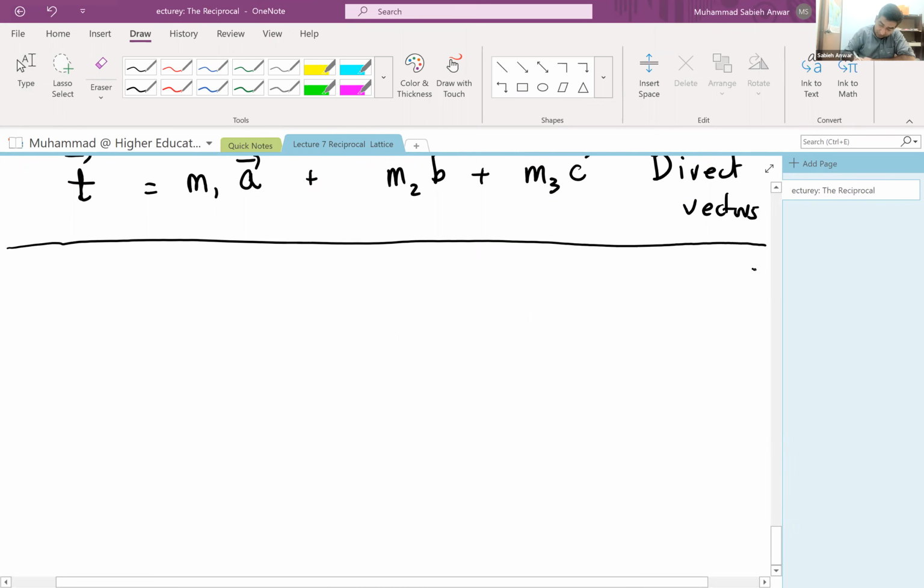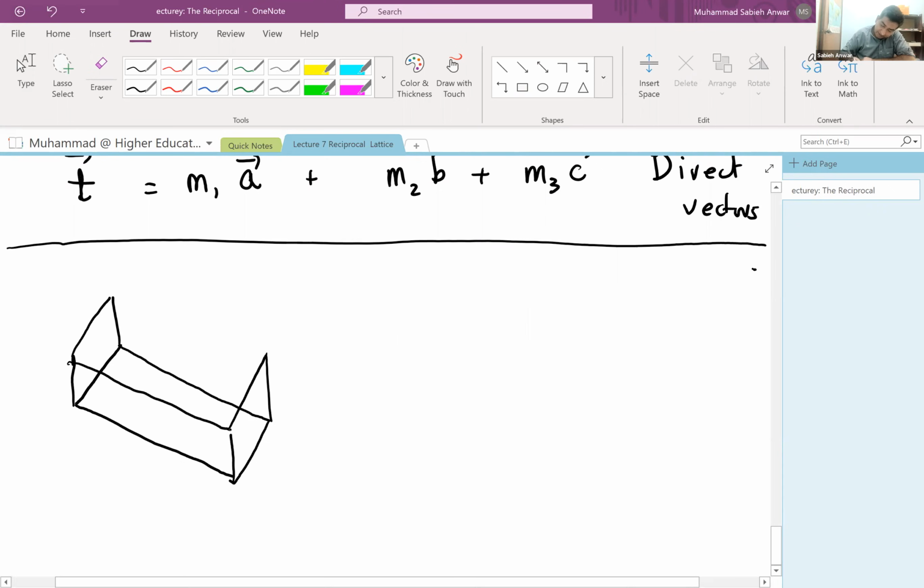so let's consider an orthorhombic unit cell in which all three sides are unequal, but the interaxial angles, all three of them, are 90. So you have an a vector, a b vector, and you have a c vector.